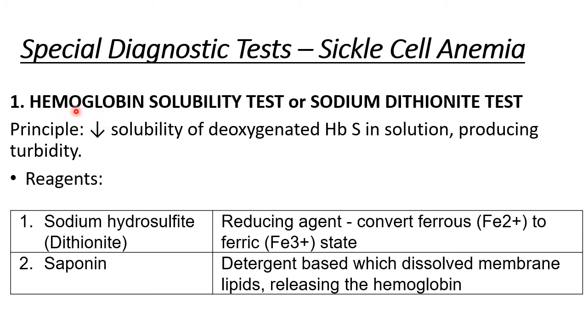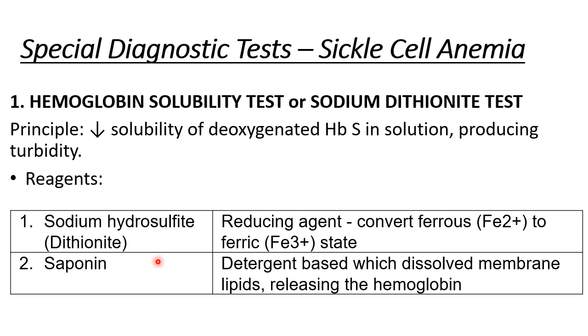The principle of the test is that HbS or hemoglobin S has a low solubility when combined with the following reagents: sodium hydrosulfite or the dithionite, which is a reducing agent. It converts your ferrous iron to ferric iron. And saponin, which dissolves the RBC membrane, releasing the hemoglobin.